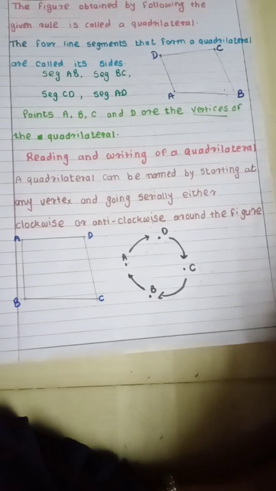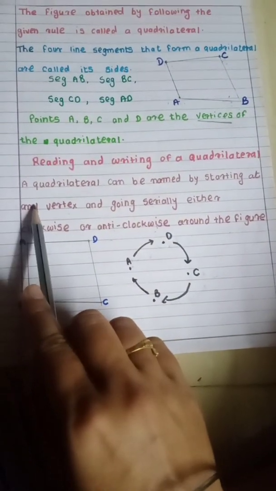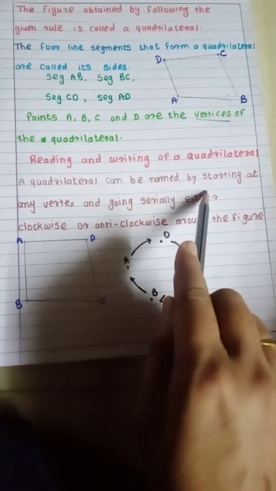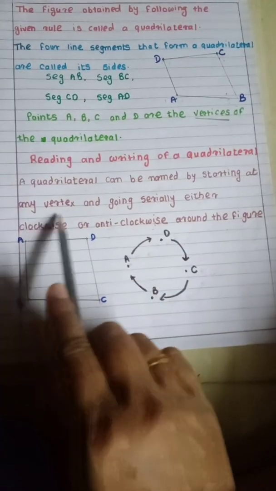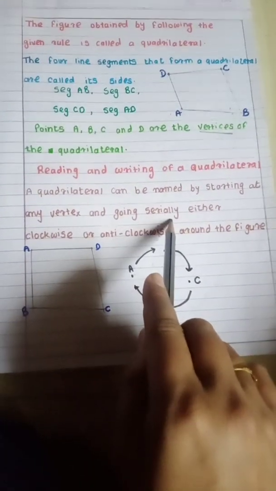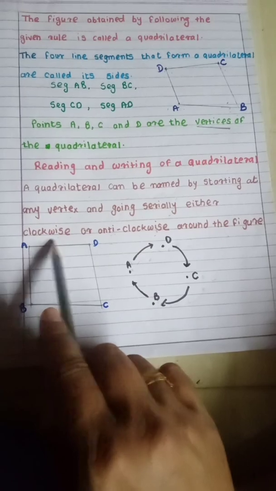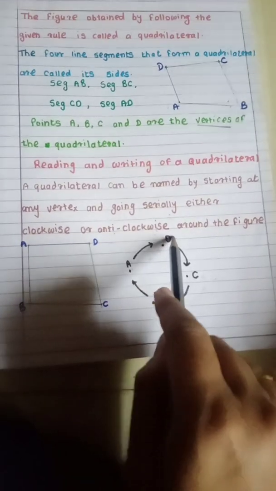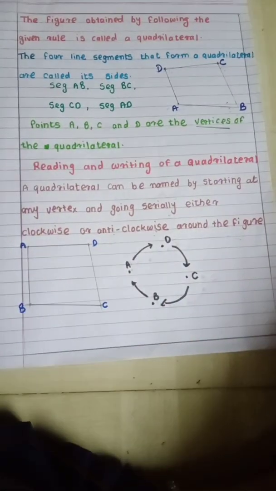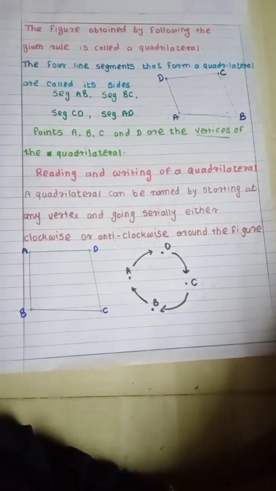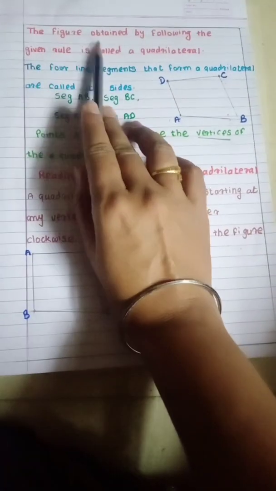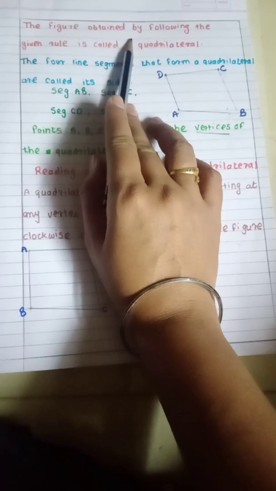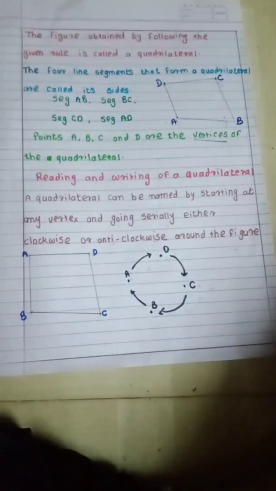I'll read again. A quadrilateral can be named by starting at any vertex and going serially either clockwise or anti-clockwise around the figure. Understood, students? So what is a quadrilateral? The figure obtained by following the given rule. Which rule?